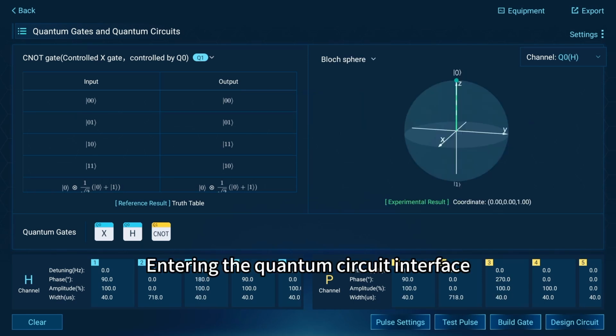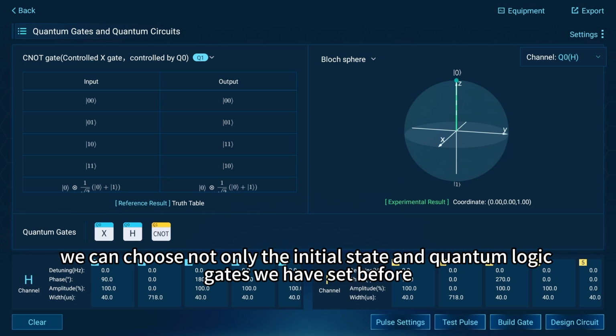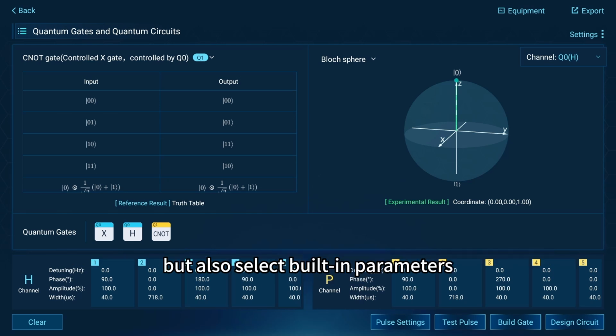Entering the quantum circuit interface, we can choose not only the initial state and quantum logic gates we have set before, but also select built-in parameters.